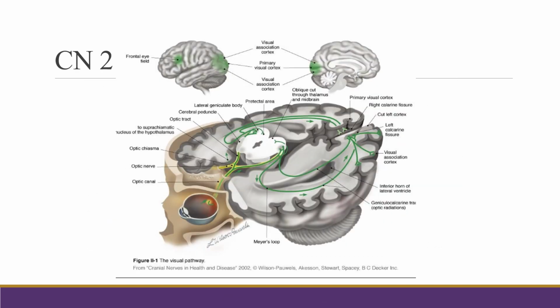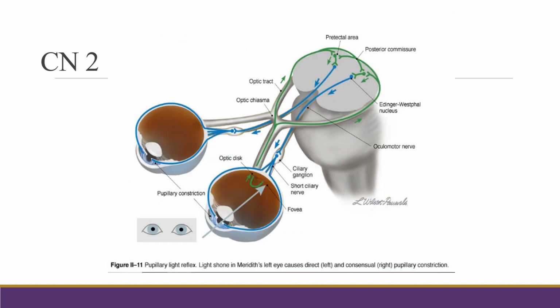Here's another pathway, the green through here, so kind of cruising around through here, and you can see up top the visual eye field, and then the back area there is the primary visual cortex, or Brodmann's 17. So optic nerve coming in, you can see the ciliary ganglion coming.